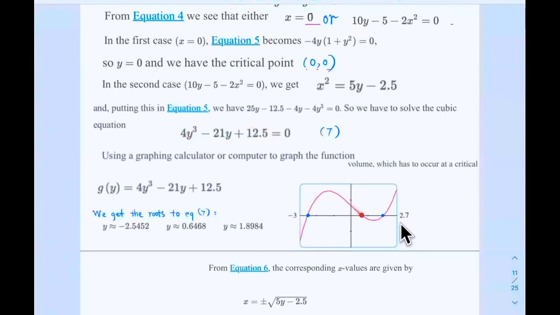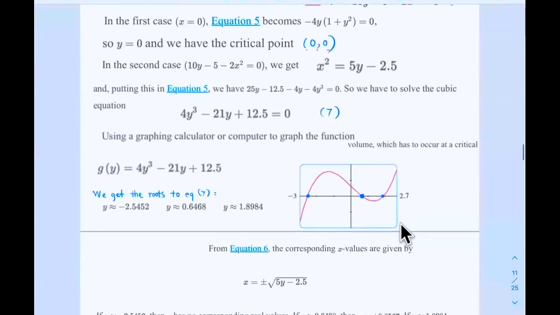The graph looks like this, and you set it equal to 0. So that means the y coordinate equals 0. So we get this intercept, this intercept, this intercept. And using the feature to zoom in or trace, you can get those y values. So this is y1, this is y2, and this is y3.